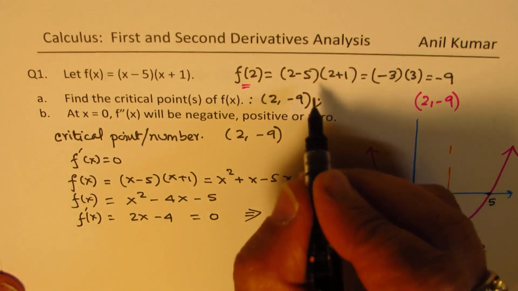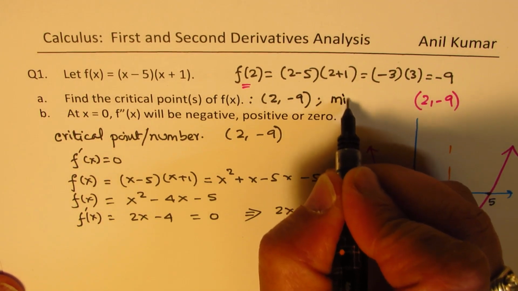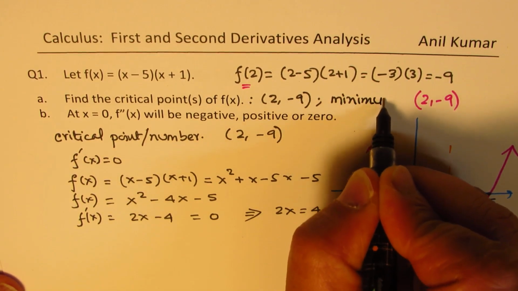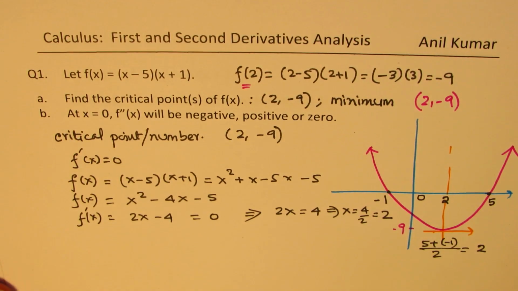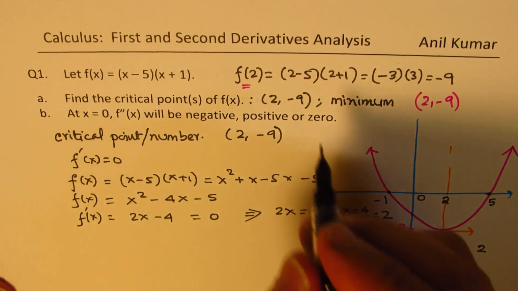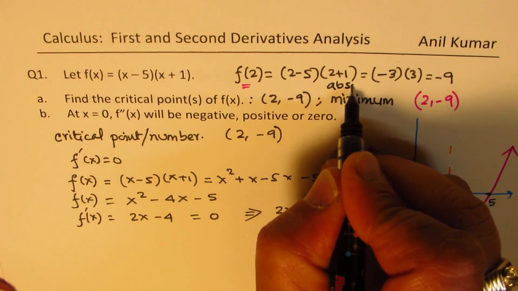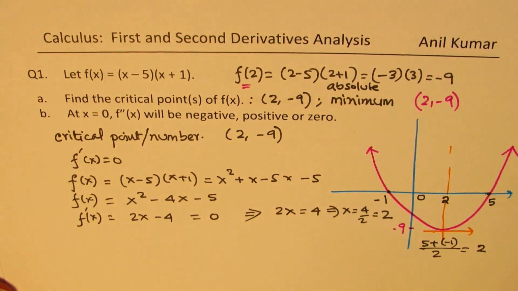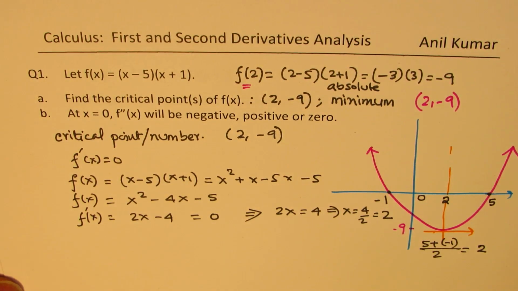In this case, you can say absolute minimum value also, right? For a parabola, it does give you absolute minimum value of the function. Is that clear to you, right? So that is the part A of our question.